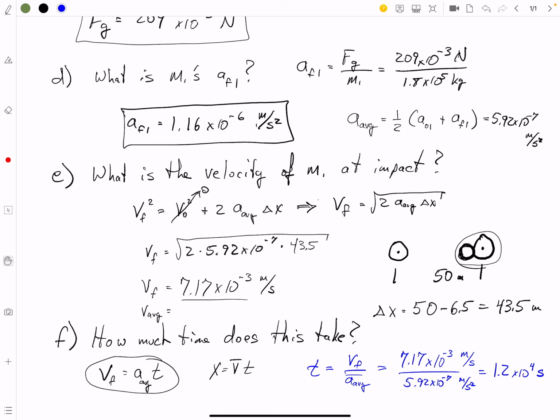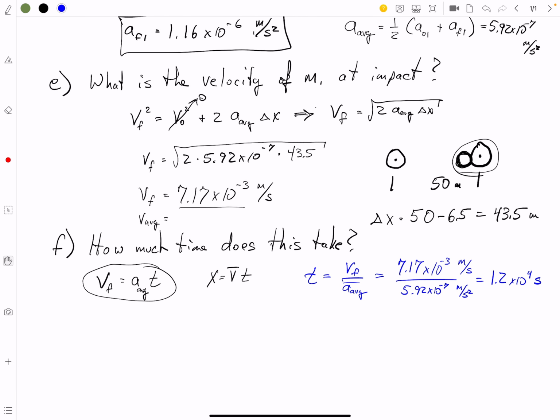So even though they're really traveling quite slow, if you turn 1.2 times 10 to the 4 seconds, so if we want to know how many minutes that is, or hours, 1 hour is equal to 3,600 seconds.